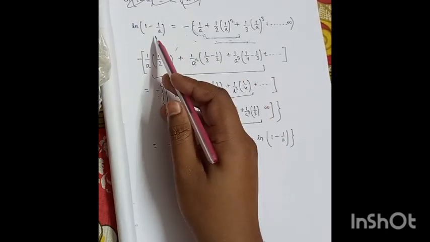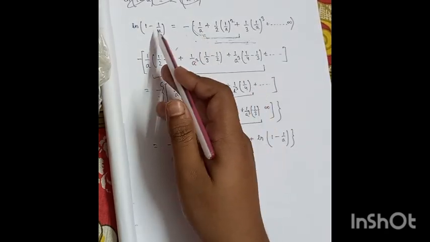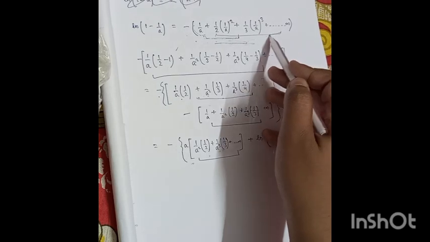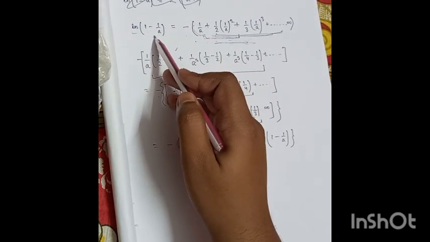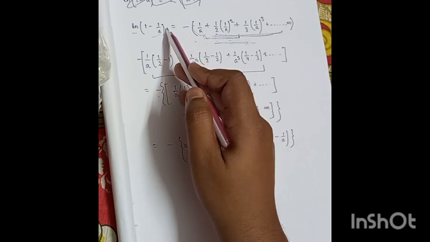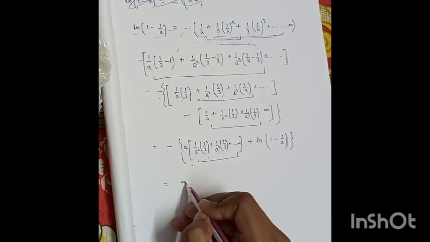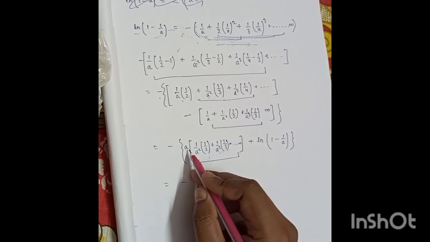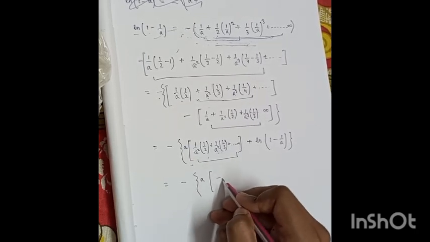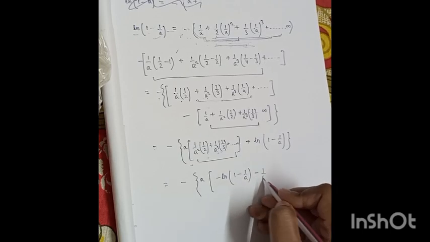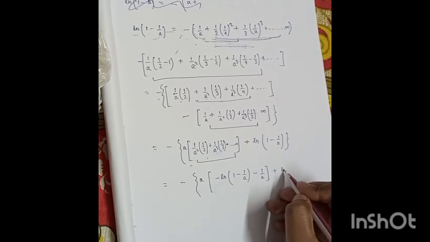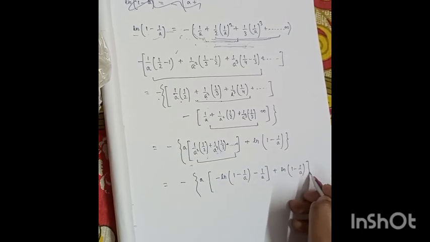So if we perform a simple calculation, we can say that this remaining term will be equal to minus of log of this term, and again minus, and then 1 over a. So this will be equal to a times minus log of 1 minus 1 by a minus 1 over a plus log of 1 minus 1 by a.